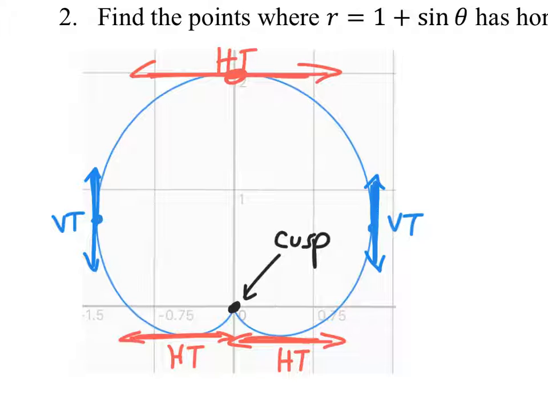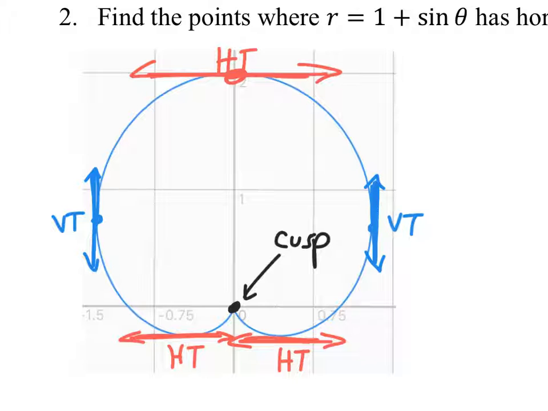If you're dealing with a corner, generally it's two separate functions coming together to make a point. And when you think about the absolute value, you say, wait a minute, that's just one function. But an absolute value function is just a shorthand way of writing a piecewise function, because it's two separate lines coming together to make a point. So if it's all part of the same function, odds are it's going to be a cusp.